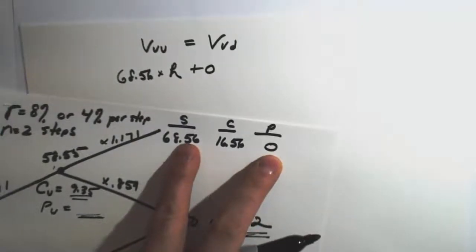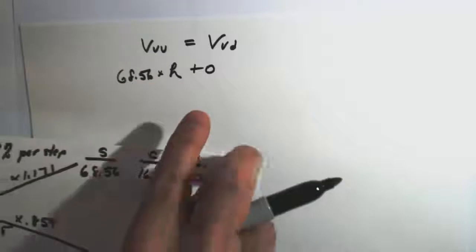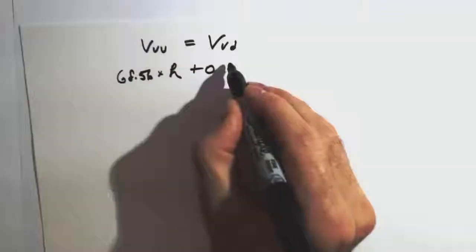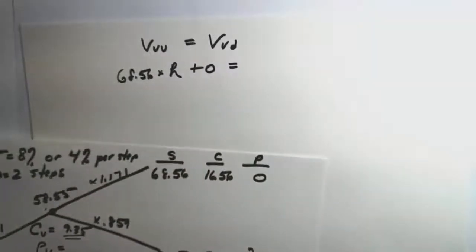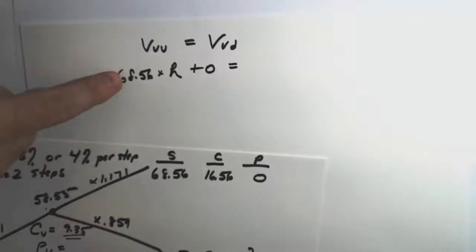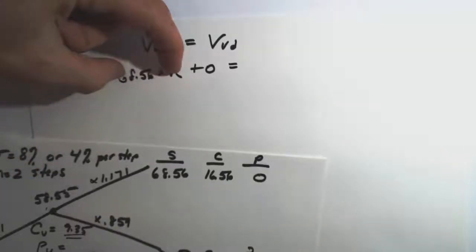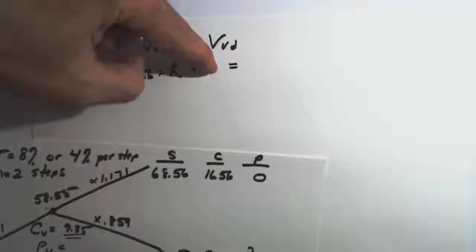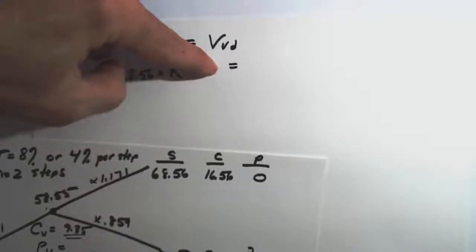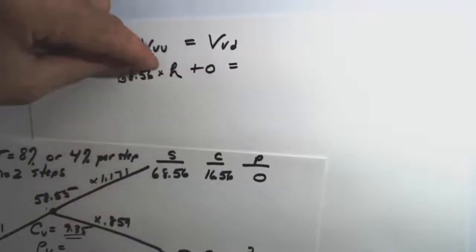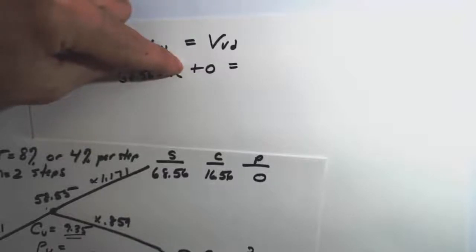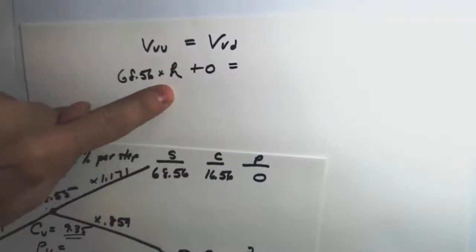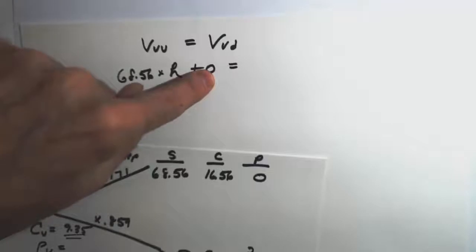I'm using those two numbers to come up with the 68 and the 0 here. So that's the portfolio. And by the way, notice what I'm doing is I'm taking a certain number of shares of stock plus a put option. Wait a second, we've seen that before. That's basically a protective put.